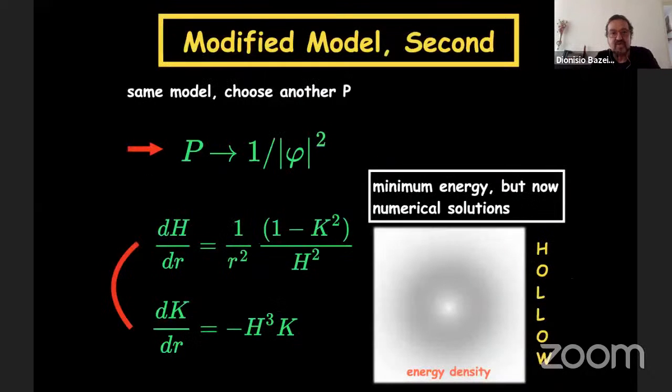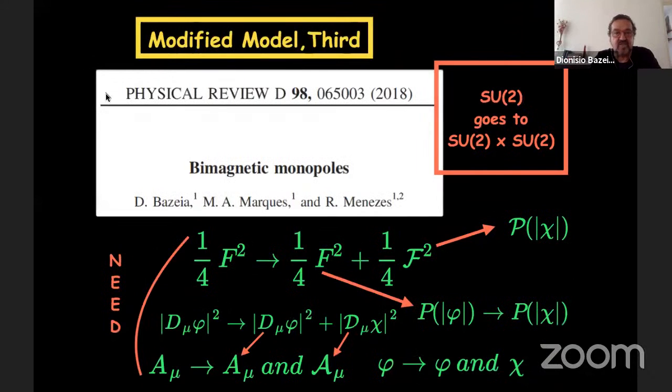After doing this, we got another idea to write bimagnetic monopoles. In this case, we followed Witten's ideas, and we took the original S2 symmetry and doubled it to write S2 cross S2.